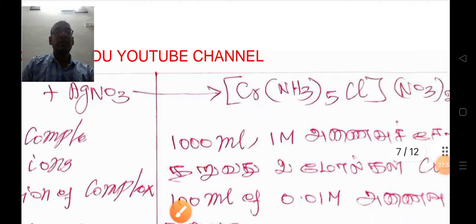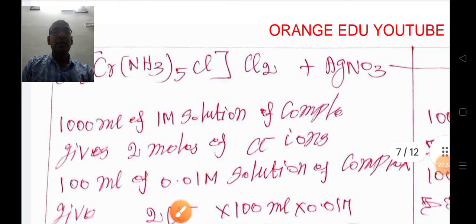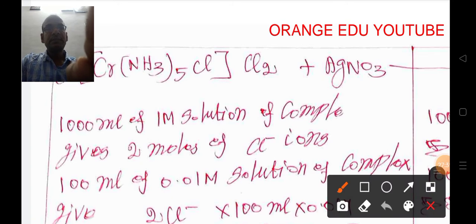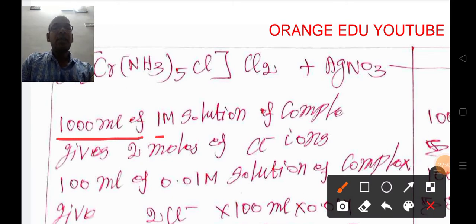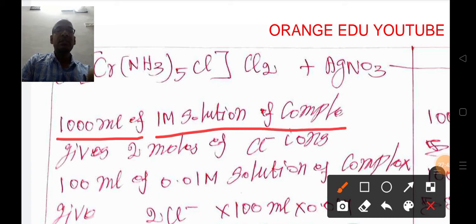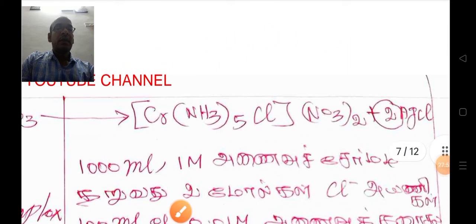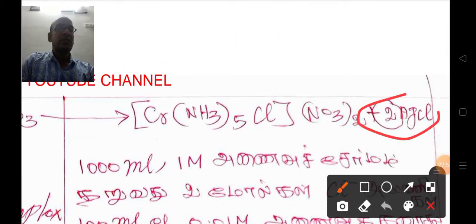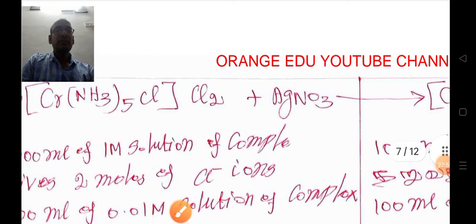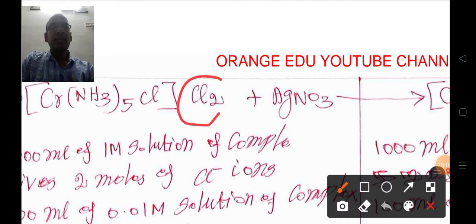That is, 1000 ml of 1 M solution of the complex gives 2 moles of AgCl. We understand from this equation that 2 moles of AgCl means 2 Cl minus ions are outside of the sphere.